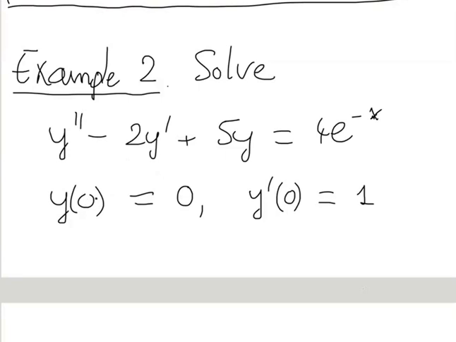Again, such examples are familiar. We have seen something like this in chapter 3, where we needed to solve for y1, y2, and then solve for capital Y, and use the initial conditions to solve for C1 and C2. This is a long process as well. The Laplace transform is not much simpler either, but it gives us a different way to do it.